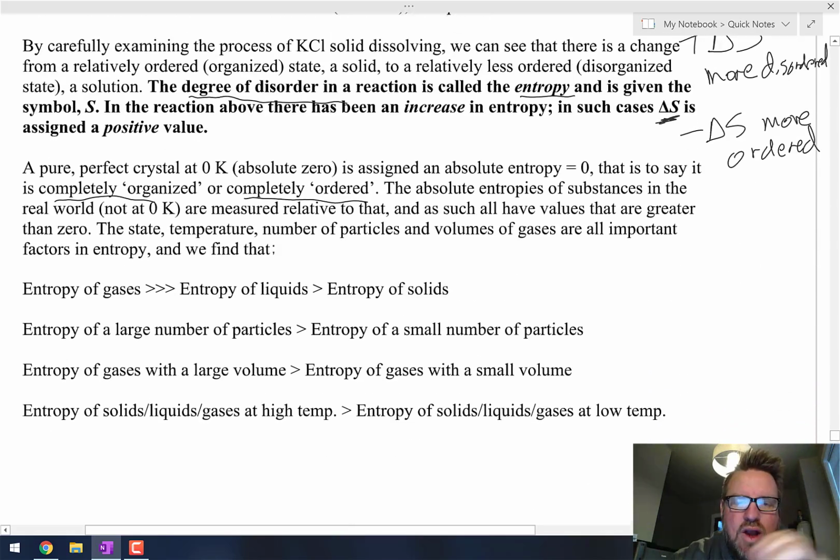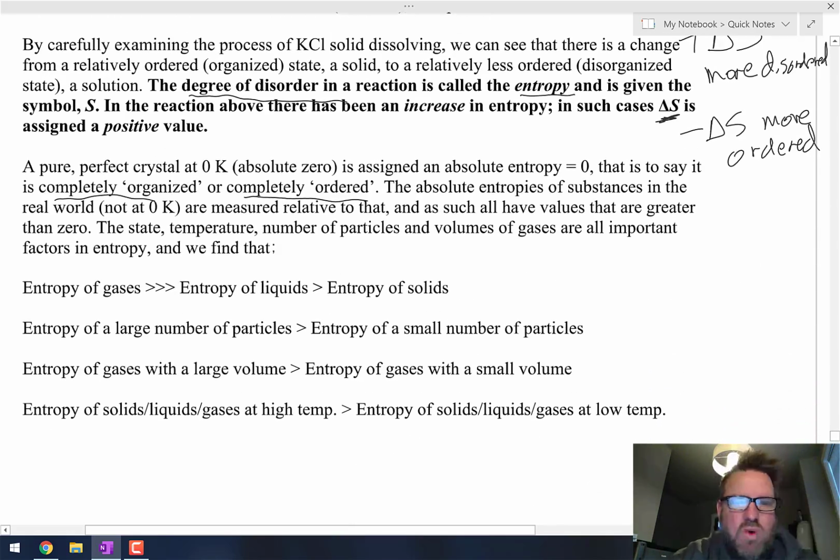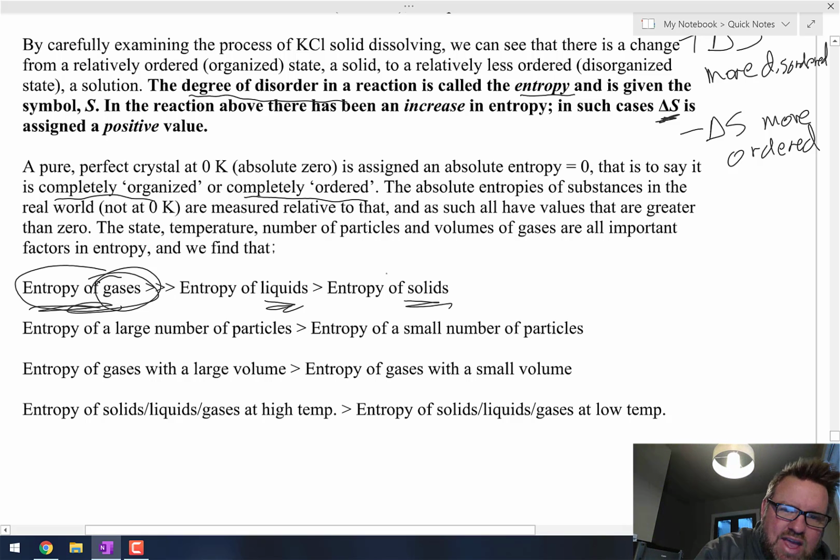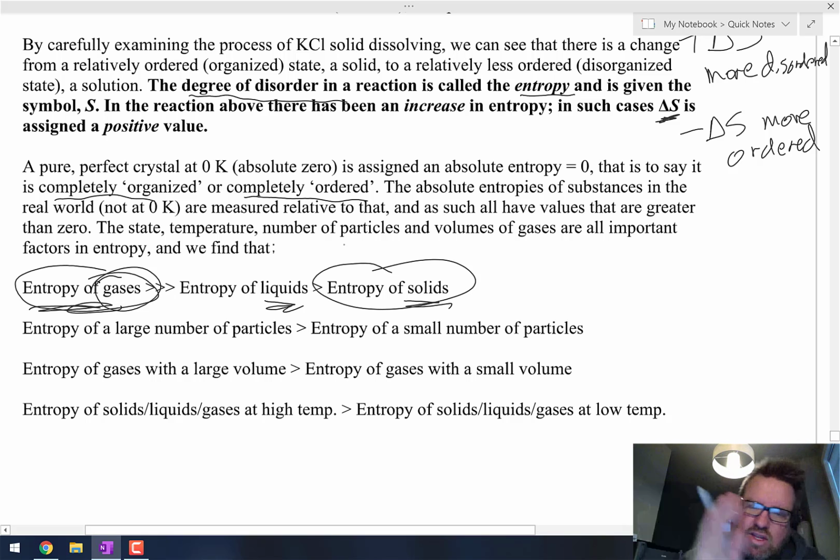Now, how do you know when one thing is more entropic, you could say, than another? First of all, gases have way more disorder than liquids or solids do. Solids have the most order, and then liquids are less ordered, and then gases are way more disordered than the other two. So this has a more positive delta S. The change in the entropy would be much smaller for a solid.